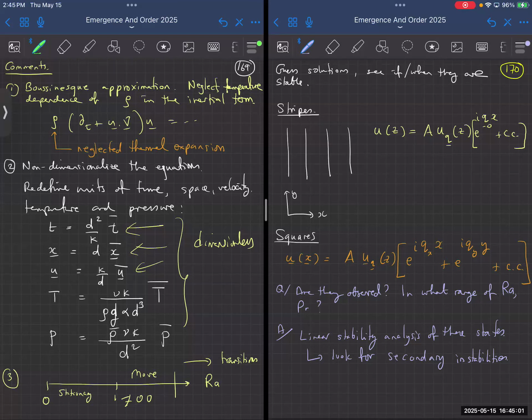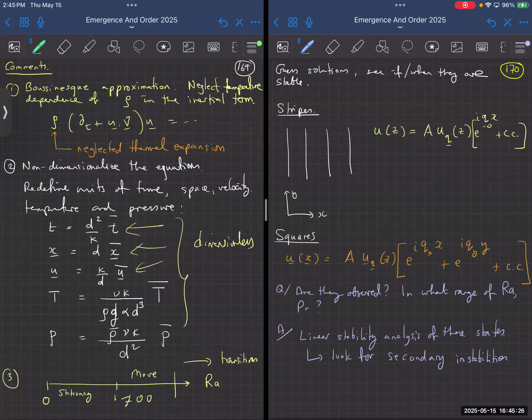I'm doing Floquet analysis because I'm now looking at the stability of a differential equation, but the differential equation is not about a uniform state, but a state that is periodic. So it's like having the Schrödinger equation in a periodic potential. So I'm doing basically band structure analysis for these patterns. So that's what I'm going to talk about now.